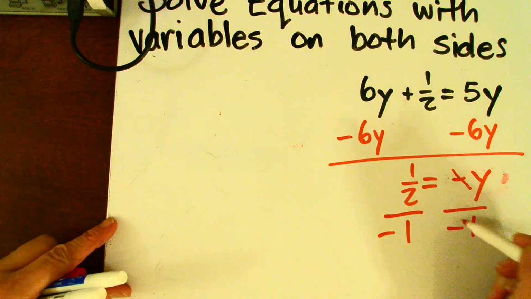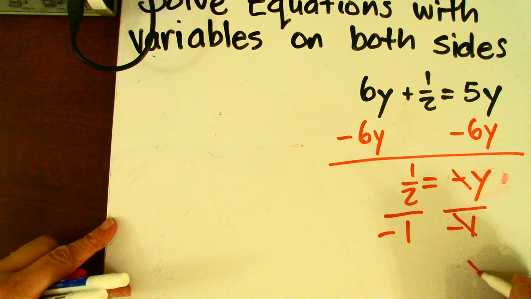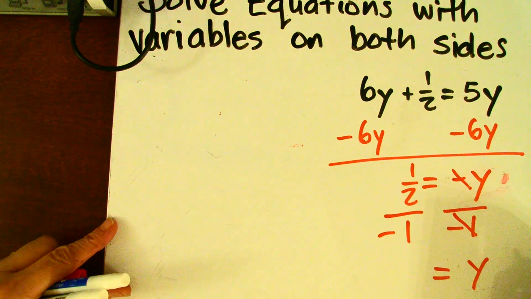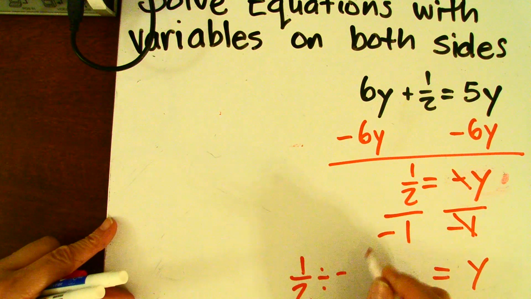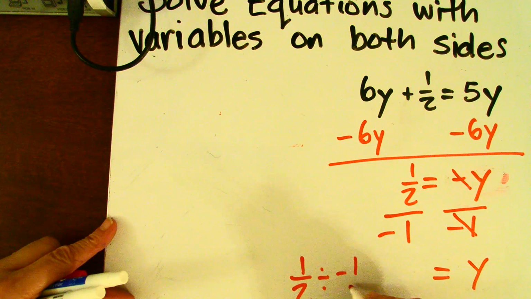That's going to eliminate this negative, and I'm going to be left with y. Now, what is 1/2 divided by a negative 1? Or if you want to write it, negative 1 over 1.